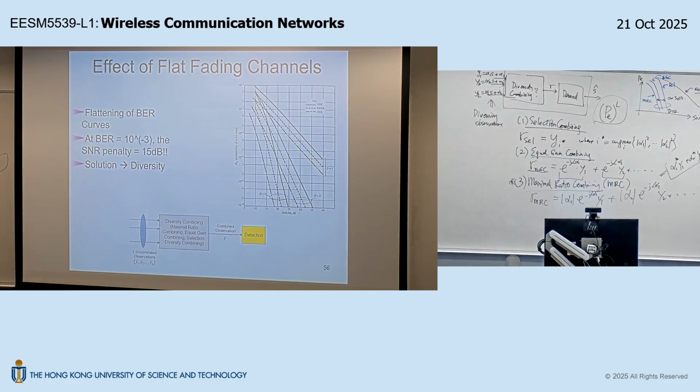I could have a switch, right? So this is implementing the selection combining. This is a 2-to-1 switch in the RF. After I select the observation from the first antenna or the second antenna, I need just one RF chain to down-convert to the baseband, and just one ADC and then one baseband.